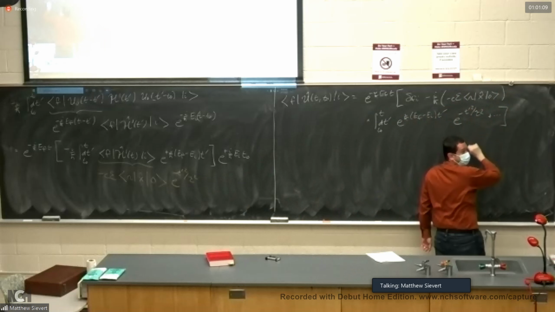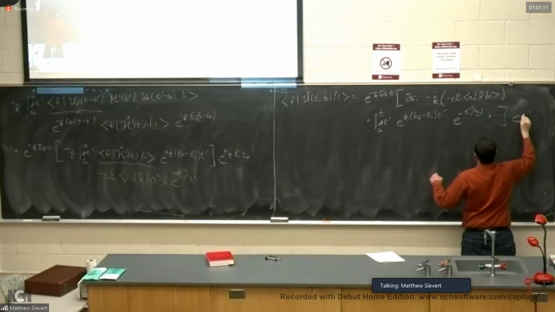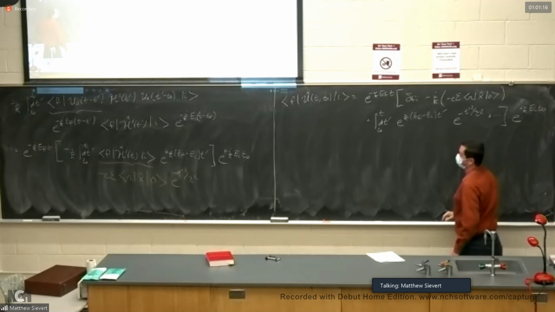If I've got higher orders, they're sitting in here, and then always at the end I have e to the plus i over h bar, E initial times t naught.